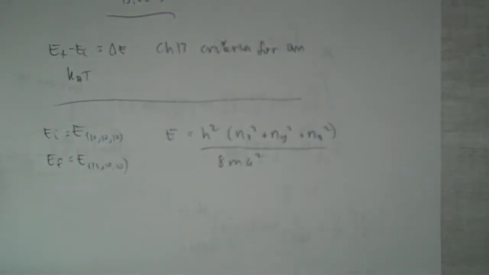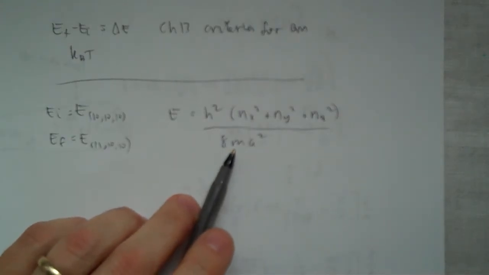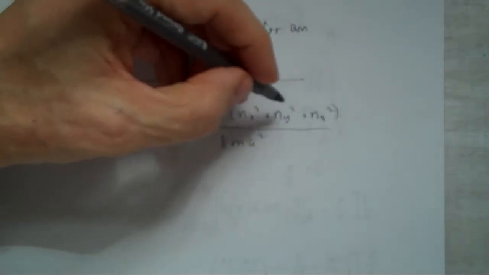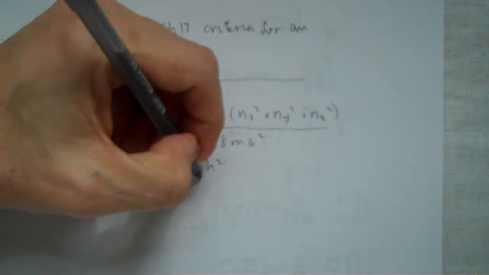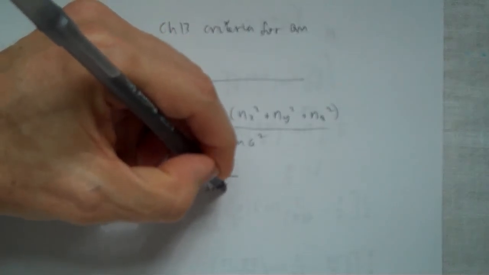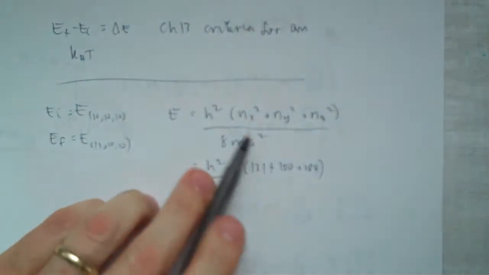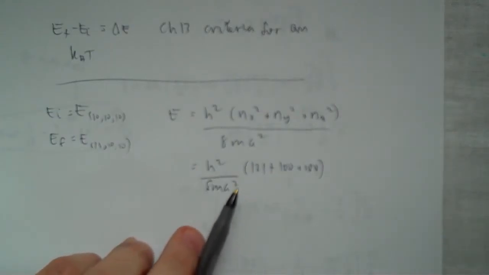We're still in the same box, and the mass is still the same. Everything else is the same, except instead of 10, I'm going to make one of them 11. So this becomes h squared over 8ma squared times 121 plus 100 plus 100. I'm just taking the first one and making it 11 squared instead. This is the next energy level up.